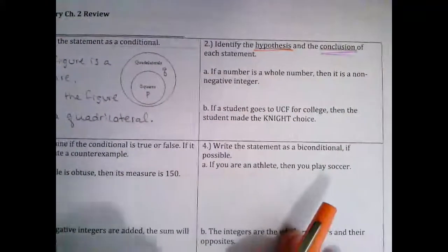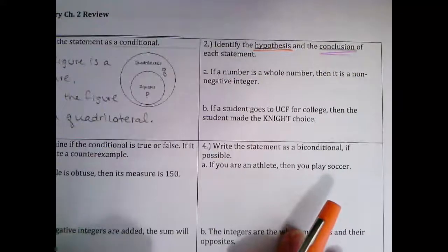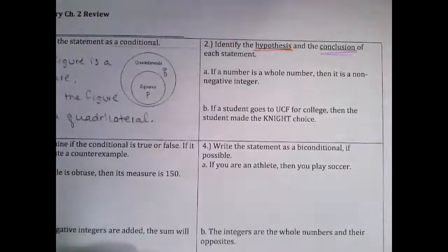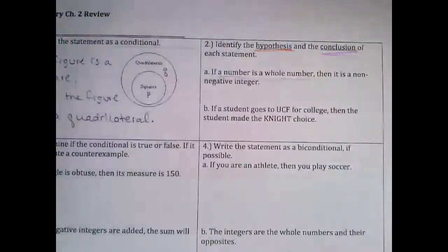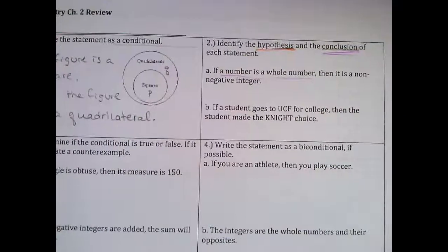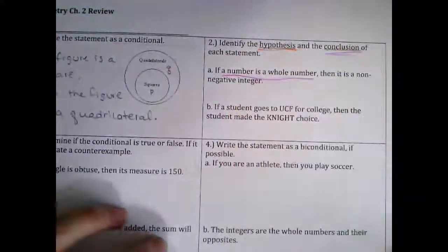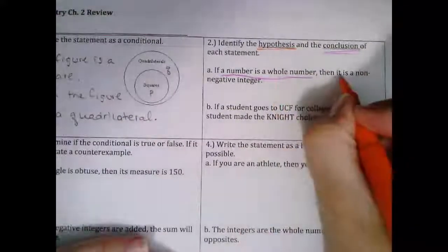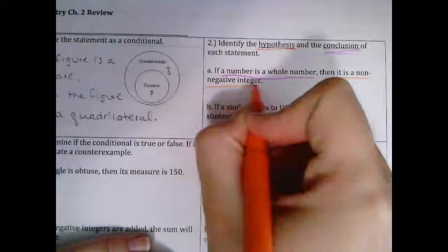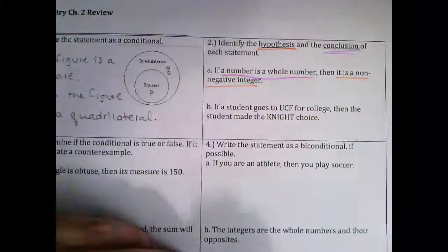It says, if a number is a whole number, then it is a non-negative integer. Remember, the hypothesis is everything that comes after the if. So a number is a whole number is the hypothesis. And the conclusion is everything that comes after the then. So that would be it is a non-negative integer.